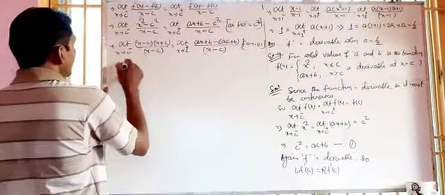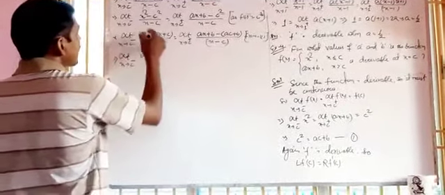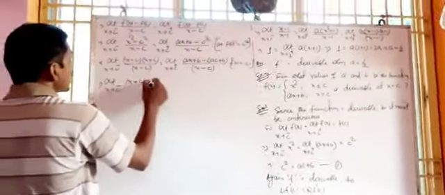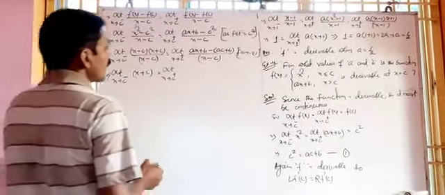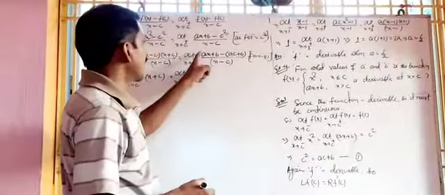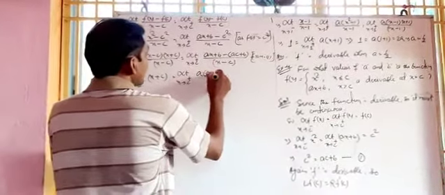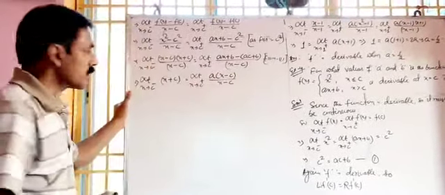Now this implies limit x tends to c minus, x minus c will be cancelled, it is x plus c, equal to limit x tends to c plus. Here if you open the bracket, plus b minus b will be cancelled, and it will be ax minus ac. So a will be common, so it is a into x minus c by x minus c.